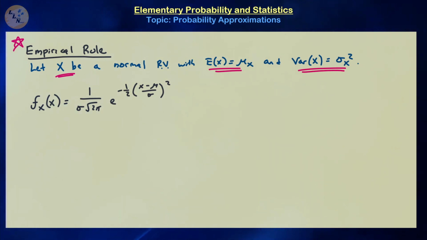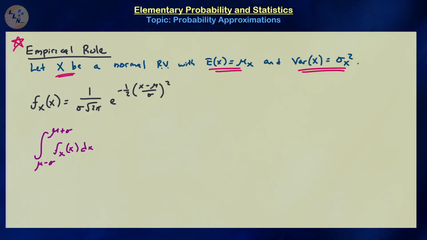Technically, one can find the integral between any value you want, not just between standard deviations. But in particular, we can integrate from mu minus sigma to mu plus sigma of this density function, and we can get some approximation to whatever decimal accuracy that we want.